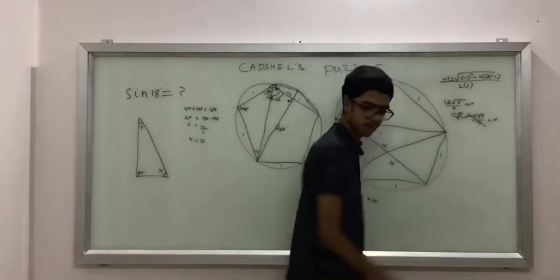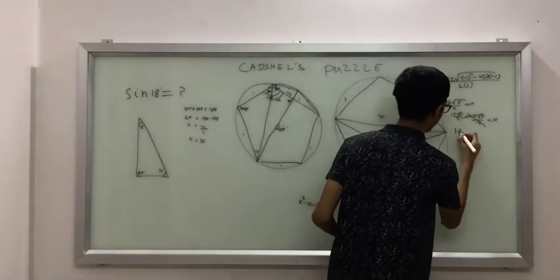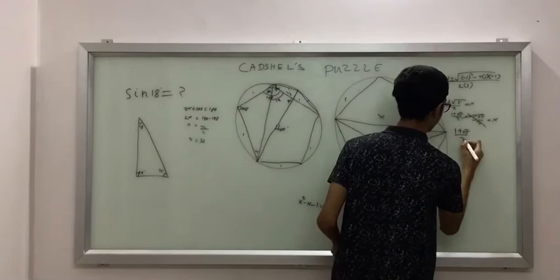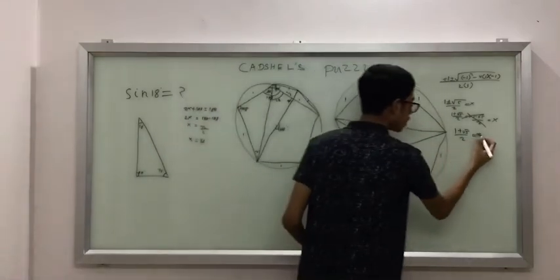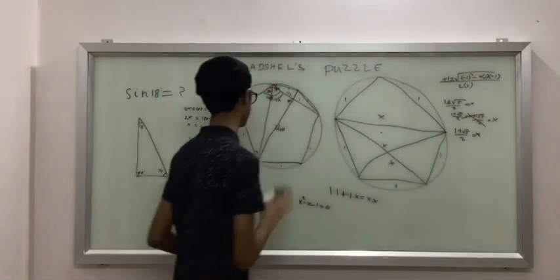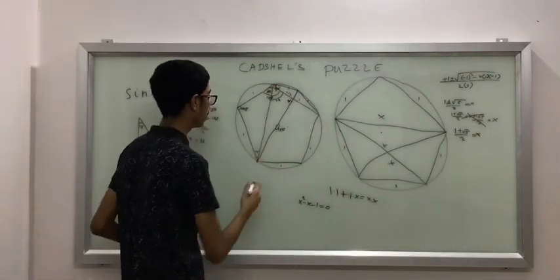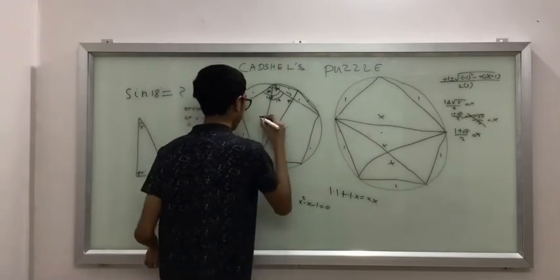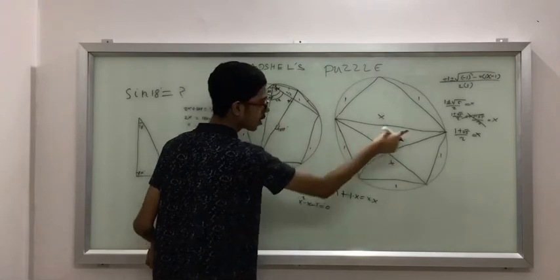So the answer is x equals 1 plus square root of 5 by 2. This whole length is x, and this is the golden ratio also.